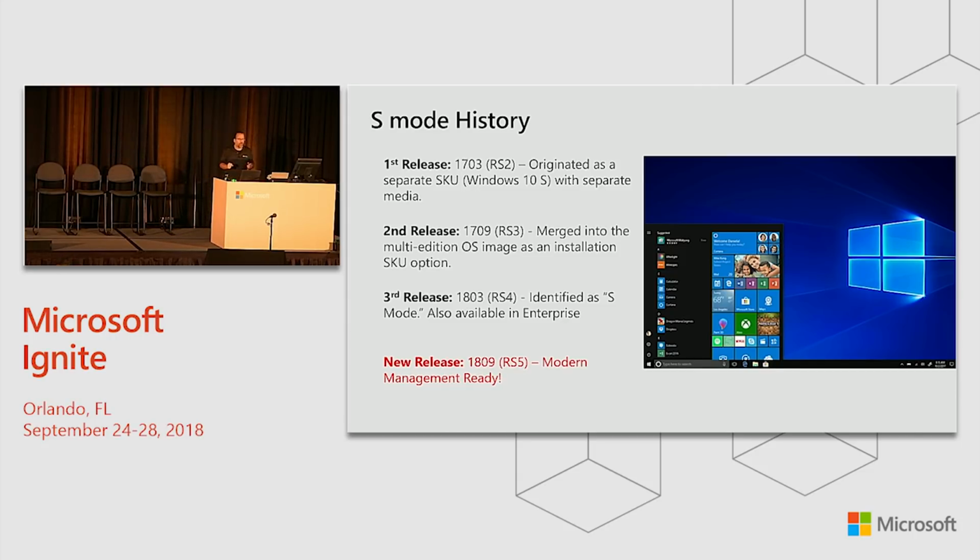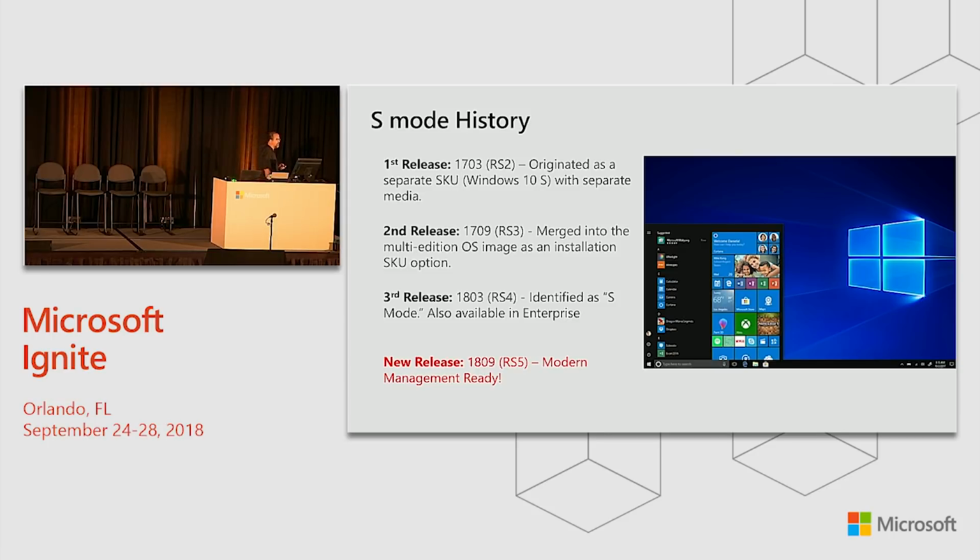We started with the RS2 update, also known as the Creators Update, in which we released Windows 10 S as a separate SKU. It was a separate SKU with a separate product key, and you could unlock either through the store and go from S to actually Pro or Home, or you could actually unlock directly with the product key if you already had a product key.